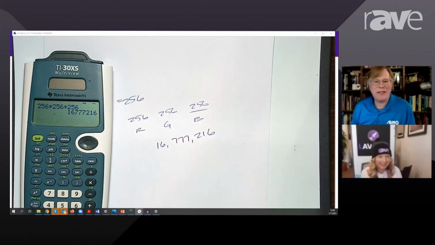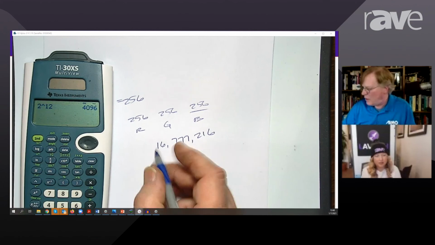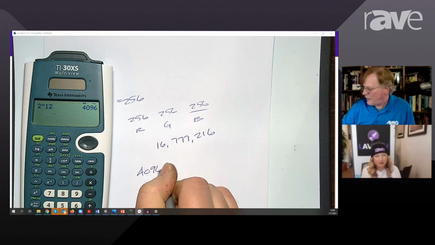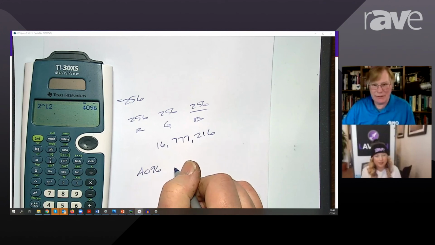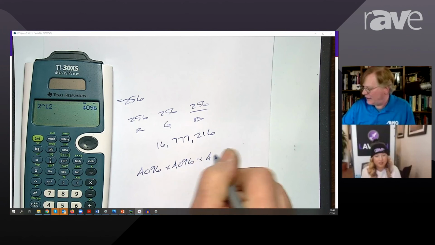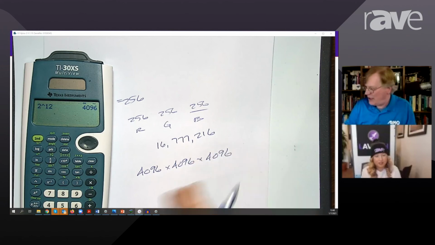That's how many possible colors I can come up with in 8-bit color. If I did 2 to the 12th, whoa, that's even more. 4096, right, to the power of 3. 4096 times 4096 for all of them.